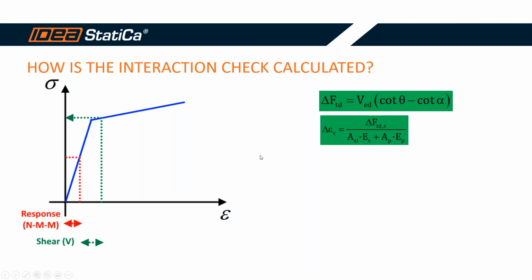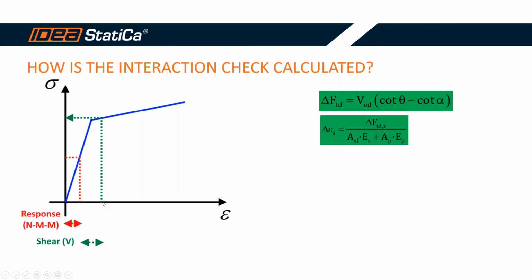We suppose that this additional strain is constant and is equally distributed on all longitudinal bars, and also pre-stressing steel.